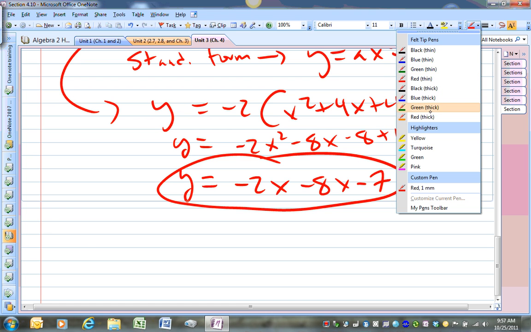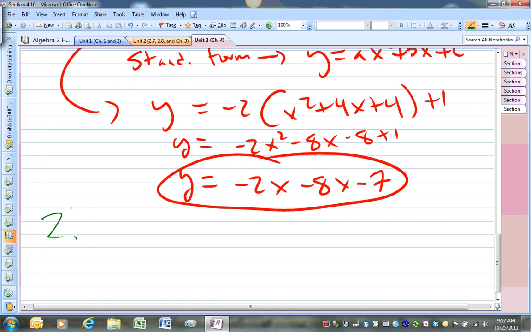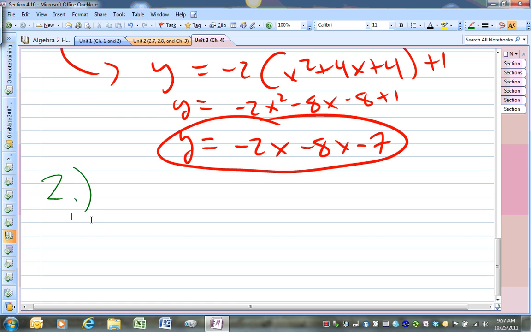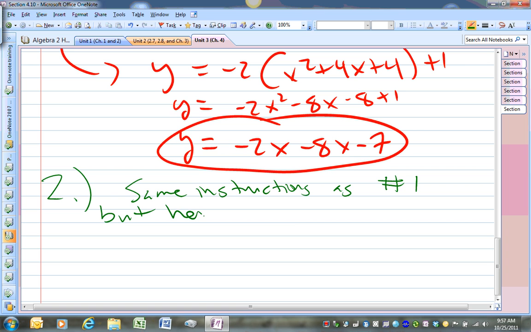Let's go back to green, because that'll be the question to give information. Same instructions as number 1, but here is the given information.